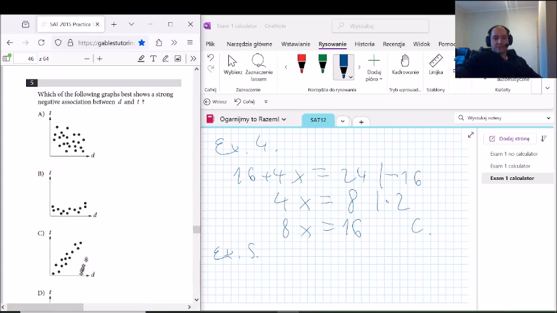And of course, we are now just talking about what we see in a picture. But in reality, statistics doesn't work like this. In real statistics, we can take the values and calculate the correlation, and then we can see if they are strong negative or positive association depending on this correlation coefficient, which can be from -1 to 1.